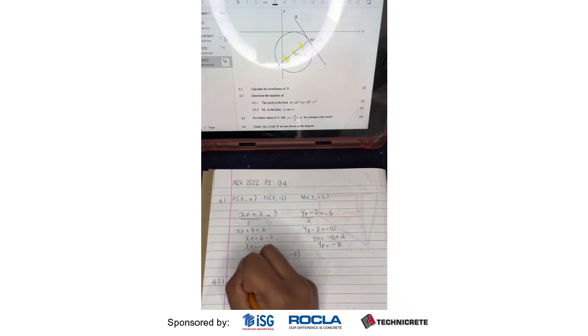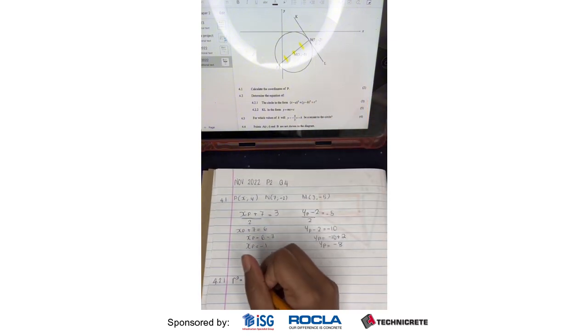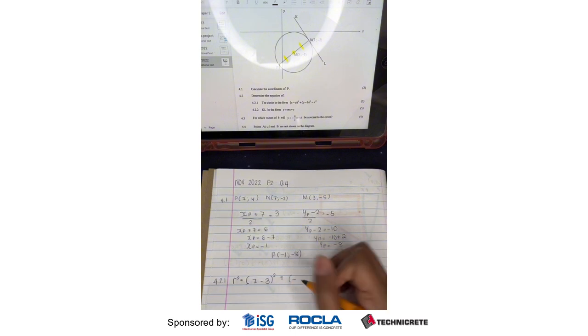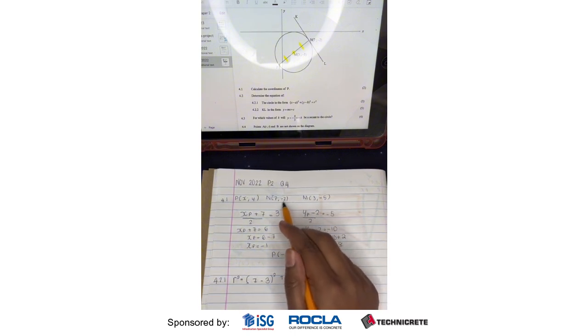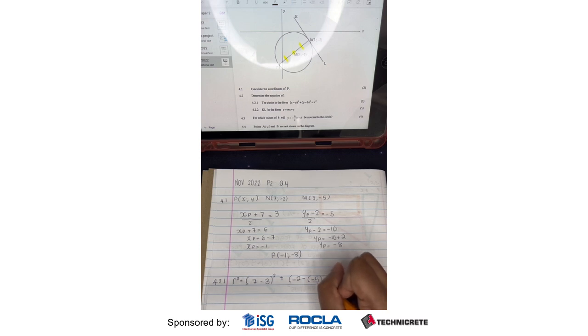So r squared is equal to, and we can substitute N as the x and y. So N's x is 7 minus 3, which is M, squared, plus -2, N's y value, minus -5, squared.